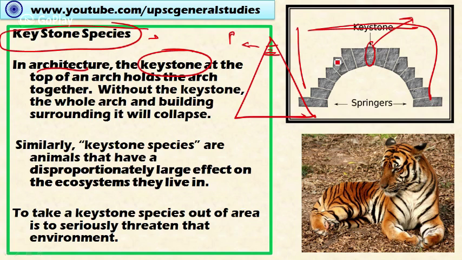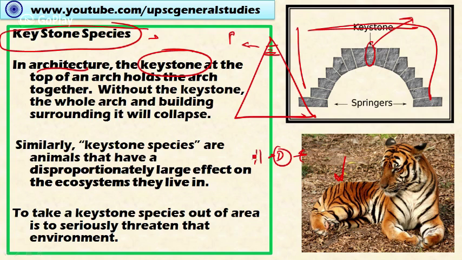For instance, if you destroy all the tigers in a forest ecosystem, that may lead to ecological collapse. If there is no top predator like a lion, tiger and leopard in the forest ecosystem, that will lead to the rapid multiplication of herbivores like deer, antelope and others. This may pose a huge burden on the vegetation.